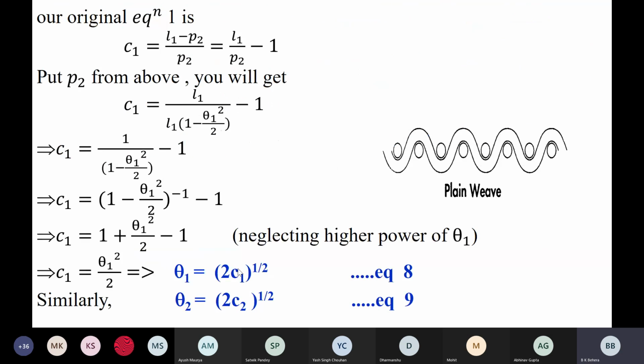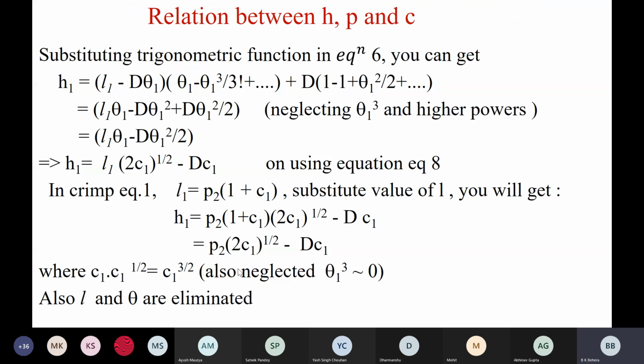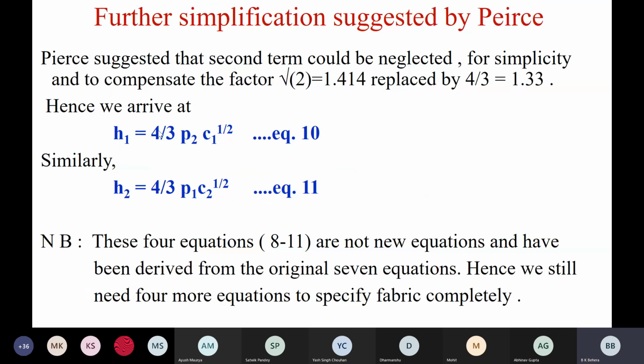We arrive at a relationship where you find H1 is equal to 4/3 P2 square root of C1. H is a function of P and C. Similarly, H2 is a function of P and C. And you give these two equations the names equation number 10 and 11.